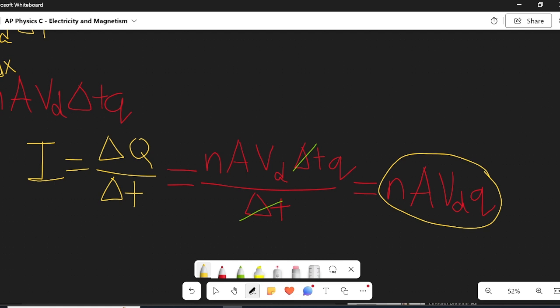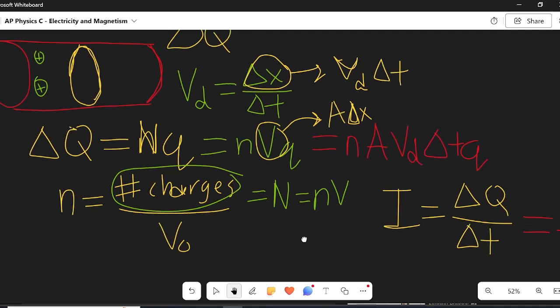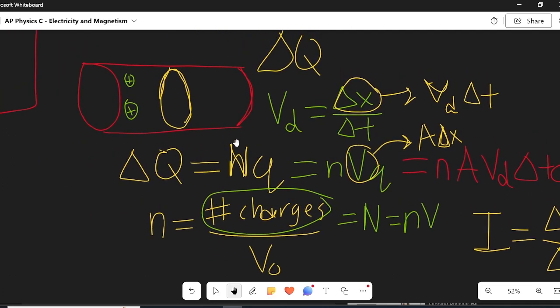And now if we wanted to solve another concept, it is something called the current density. As someone could guess, the current density is essentially if we took a cross-sectional area, the current passing through that divided by that cross-sectional area is the density across that area.